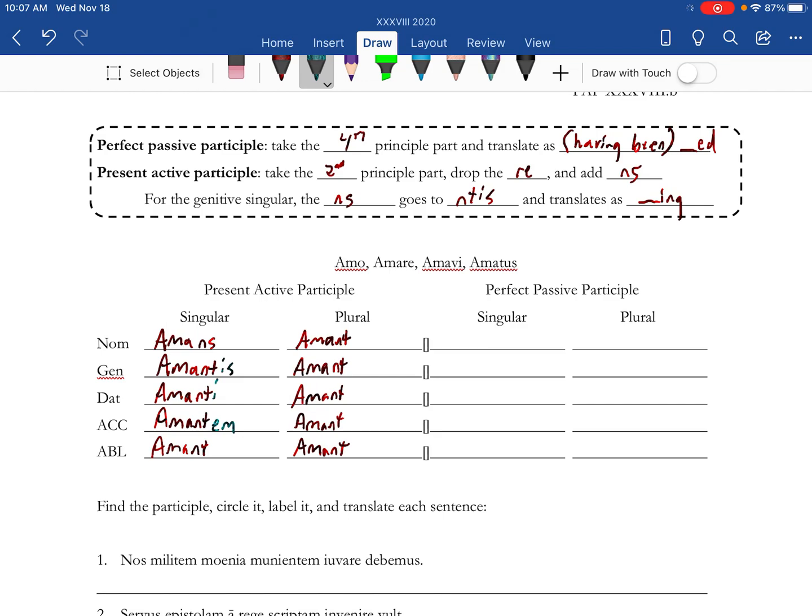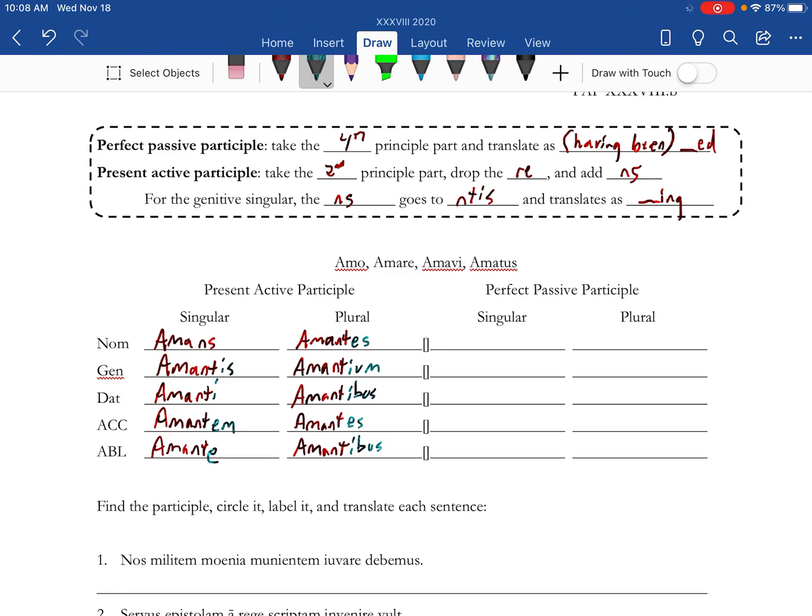The rules, if you recall from the previous video, for third declension adjectives, the ablative singular ends in an I. Participles can go either way. More commonly, you're going to see it as an E. They're IUM. So that's how you decline the masculine and feminine of a present active participle.